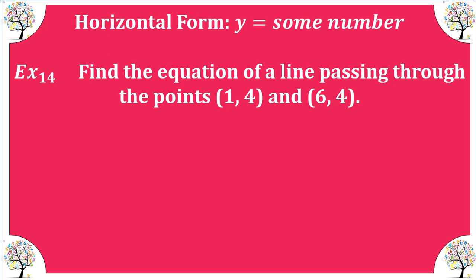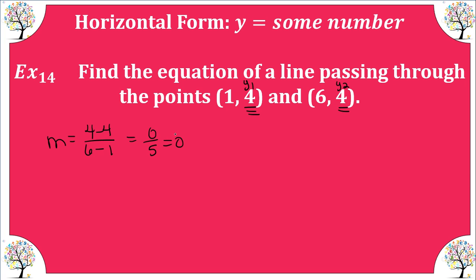So if we have an example, it says find the equation of a line that passes through the points 1, 4, and 6, 4. If we didn't notice that both my y1 and y2 are 4, and we found the slope, we would have 4 minus 4 over 6 minus 1, giving me 0 over 5, which is 0.